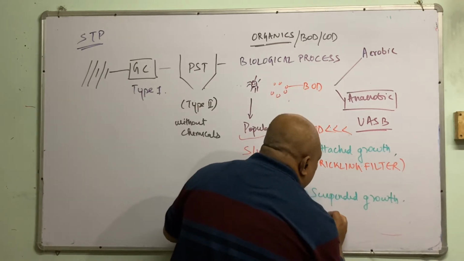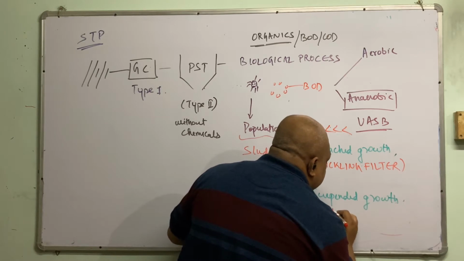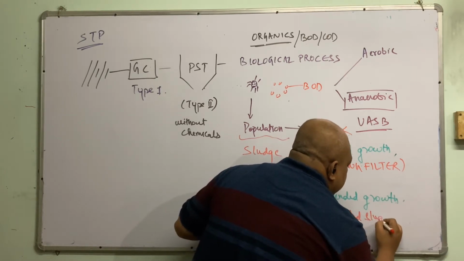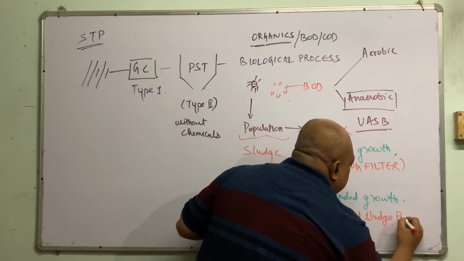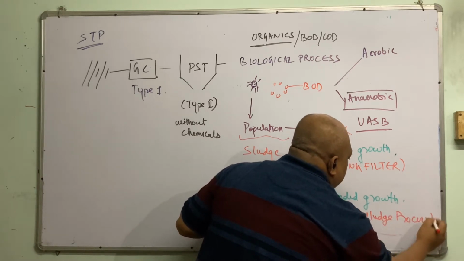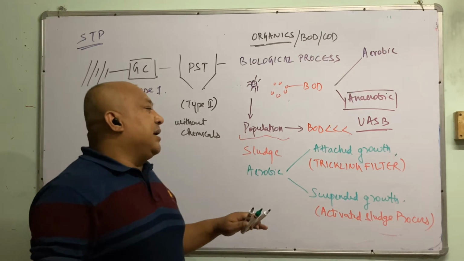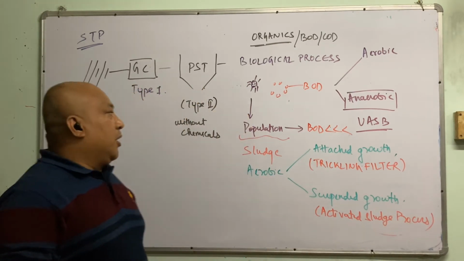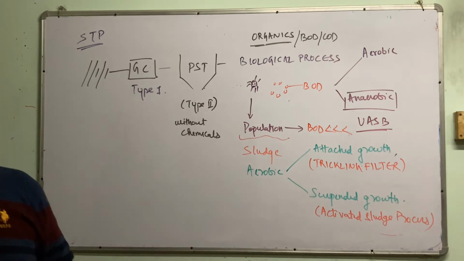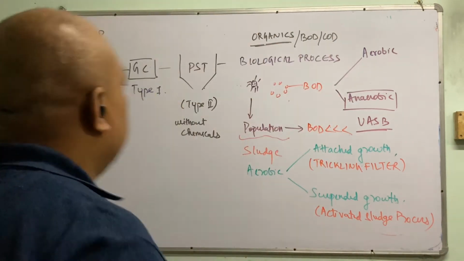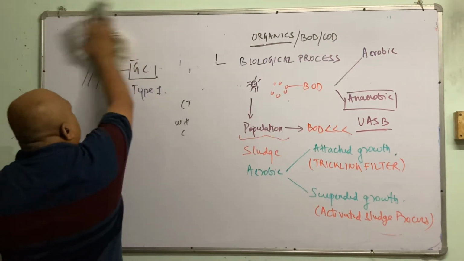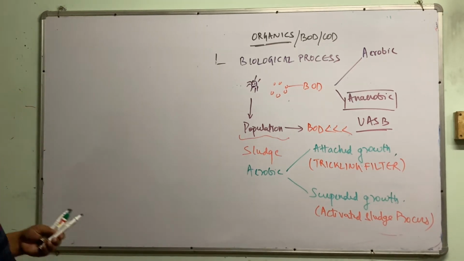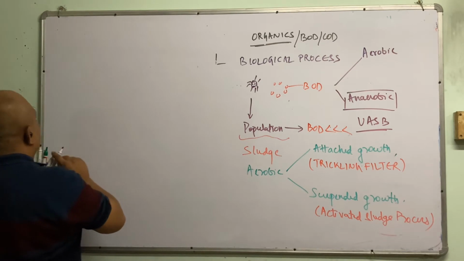And for suspended growth, it is the activated sludge process. My next topic will be designing the trickling filter and the activated sludge process. So this part, first one is trickling filter.